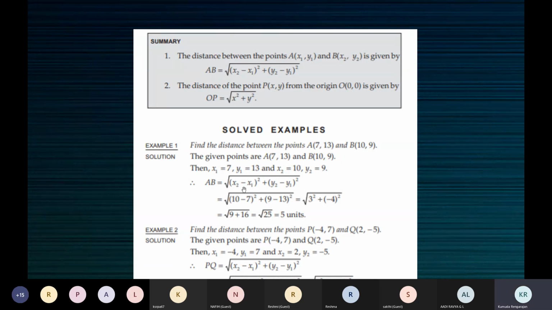So square root of, you can write 7 minus 10 the whole square or 10 minus 7 the whole square, plus 13 minus 9 the whole square or 9 minus 13 the whole square. Either way, you will get the same result. So the distance between these 2 points is 5 units.